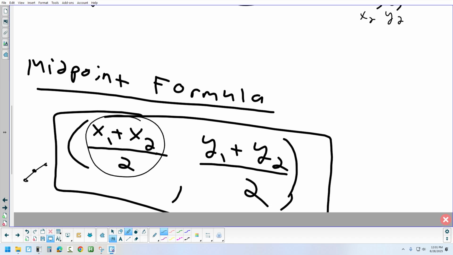What's the name for that kind of calculation? When you add two things together and divide by 2? It's really just what? Average. Yeah. So the midpoint is the average of the x's, add two things and divide by 2, and then the average of the y's. That's all the midpoint formula is. It's 2 averages.